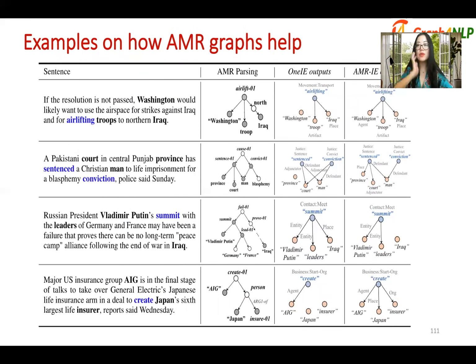I'm just trying to show you some good results compared to this sequence-to-graph traditional framework. We can see that our graph-to-graph model usually can capture long distance. For example, in the first sentence, the entity Washington is far away from the trigger airlifting.